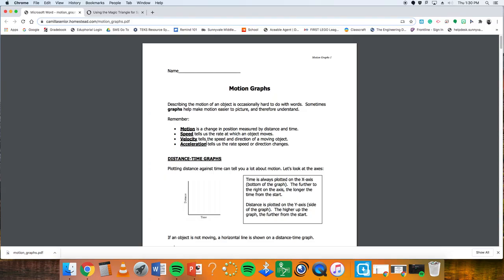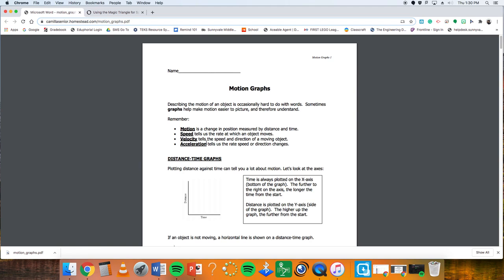So speed would be 60 miles an hour, and turning that into a velocity, 60 miles per hour east or north or west. So velocity tells us the speed and the direction of an object. And speed tells us the rate at which an object moves. So make sure you can differentiate between the two of those.